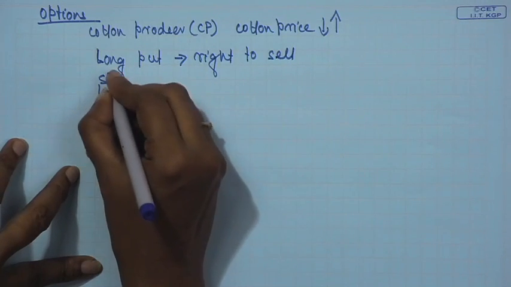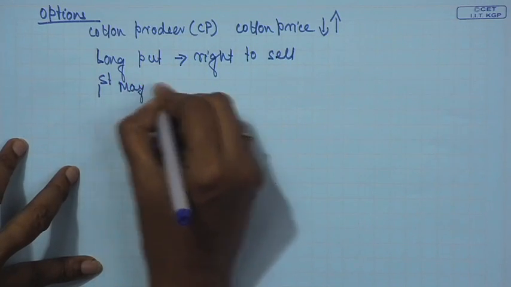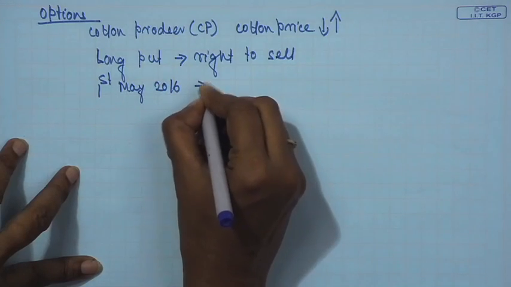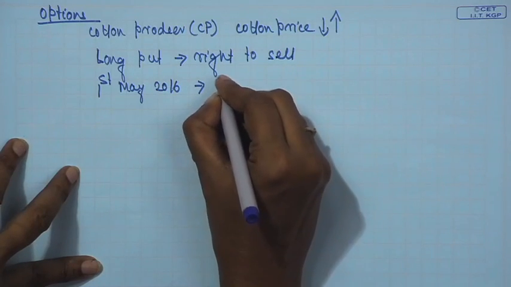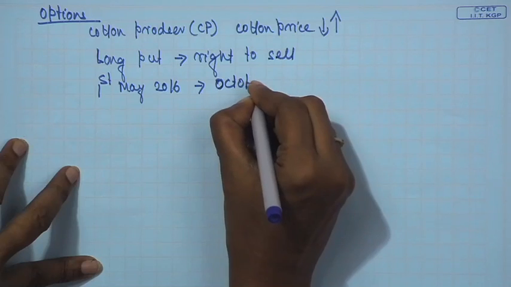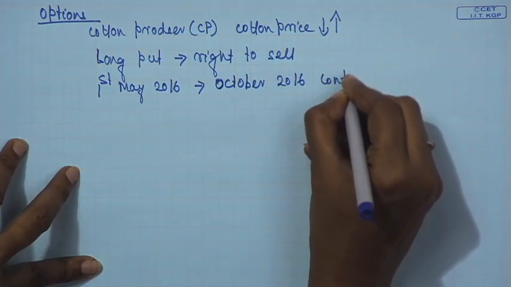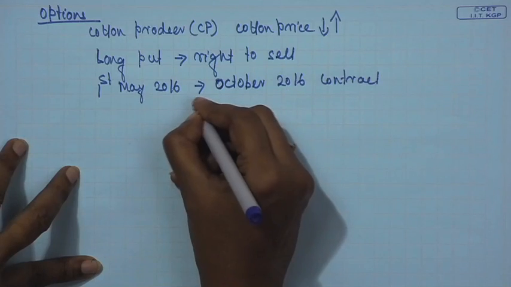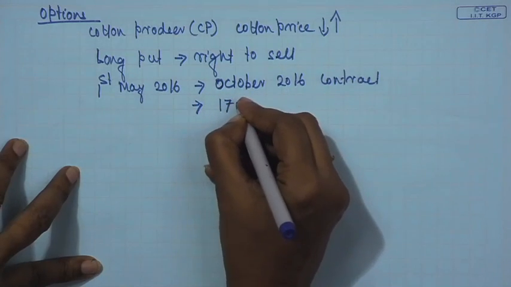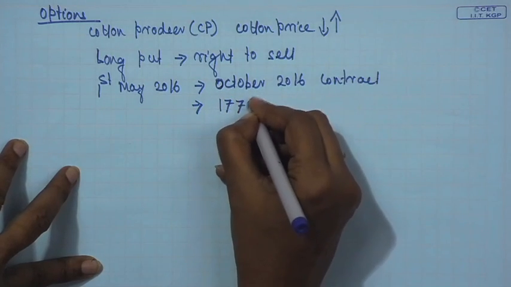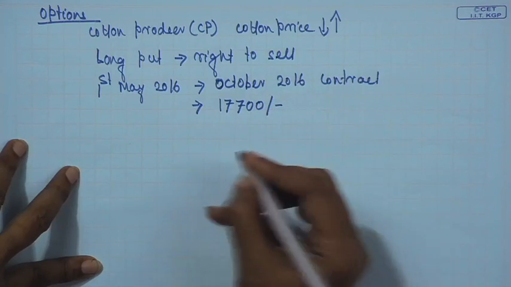So let's say on 1st May 2016, he takes an October 2016 option contract at a price of, let's say, 17,700 per pair.